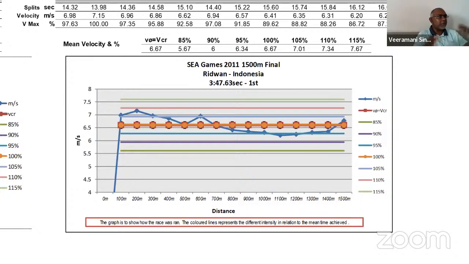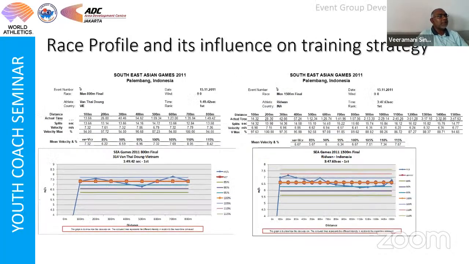But in a championships, such oscillation could be observed because the way they run is basically more tactical rather than performance based. So again, such a graph will be useful as coaches to know how exactly the athlete has performed in a competition, especially when you're looking for good timings.